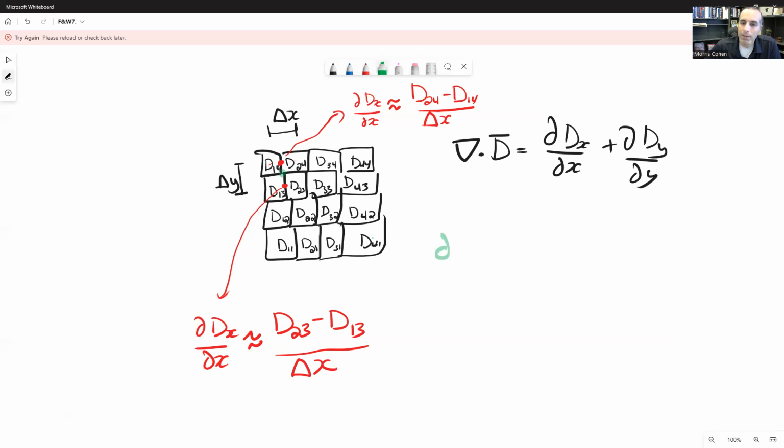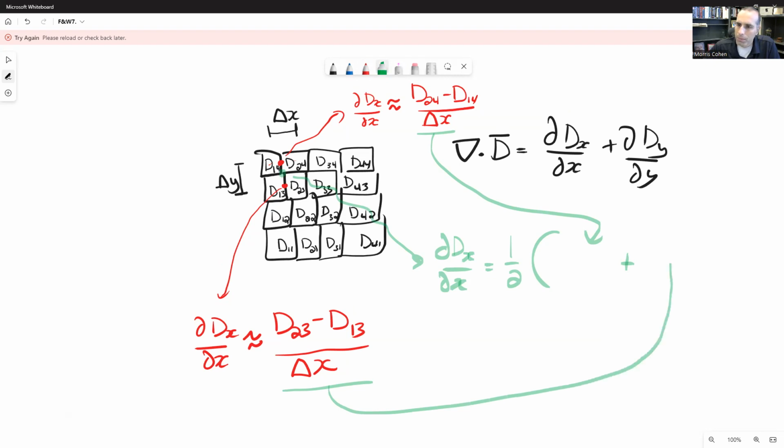So dDx/dx evaluated at this green point will simply be the average of these two things, right? So it's going to be the average of this plugged in here plus the second one plugged in right here. And that's effectively interpolating, right? We've got a measurement of dDx/dx at this red dot, another one at this red dot, and we're just going halfway in between to figure out what it is at the green dot.